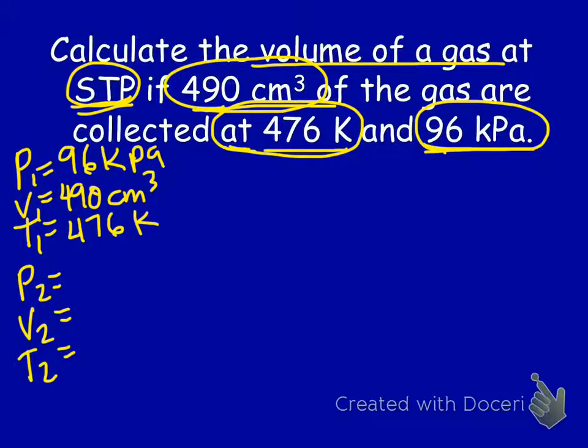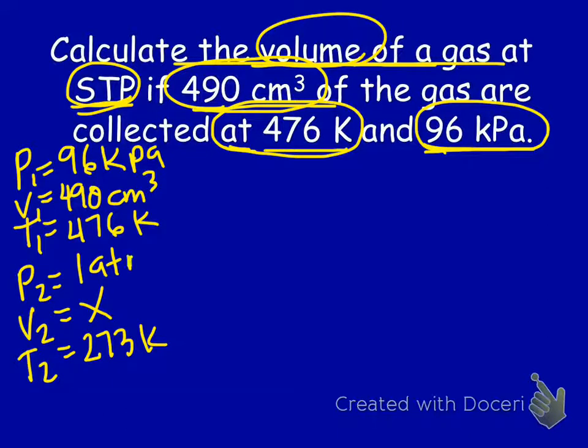We have to calculate the volume, so V2 is going to be X, at standard temperature and pressure: 273 Kelvin and 1 atm. It looks like we have every variable except V2, so we're going to solve for V2.